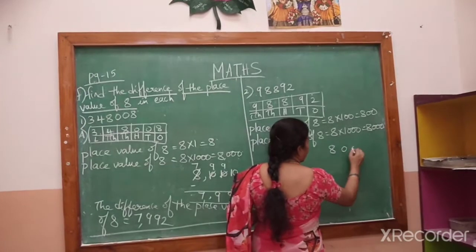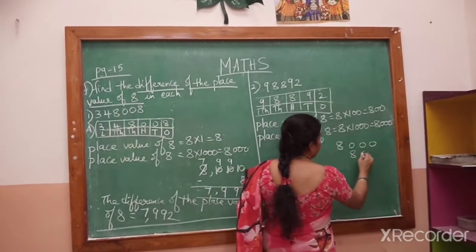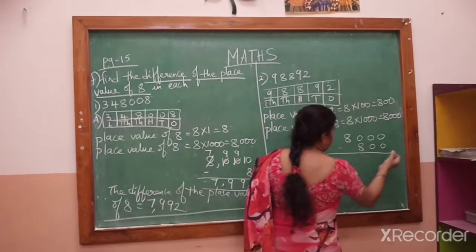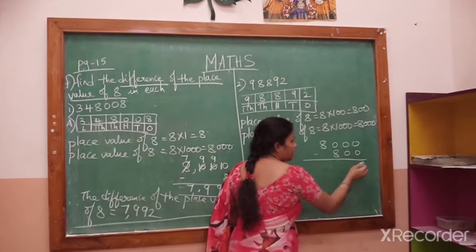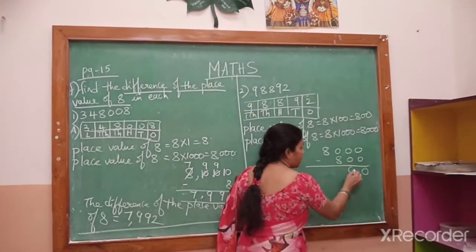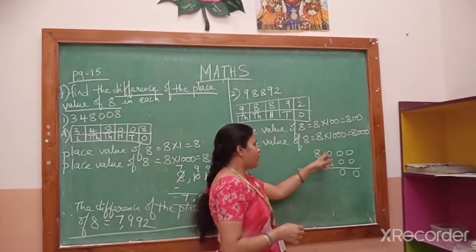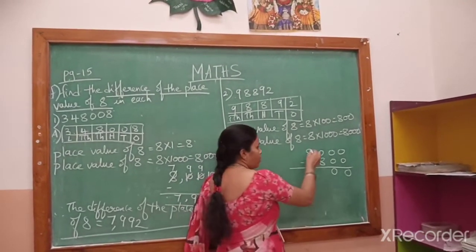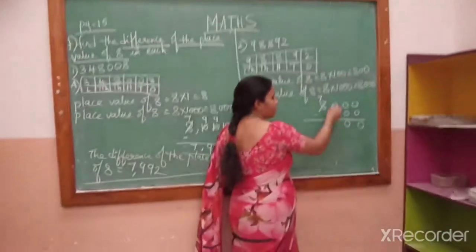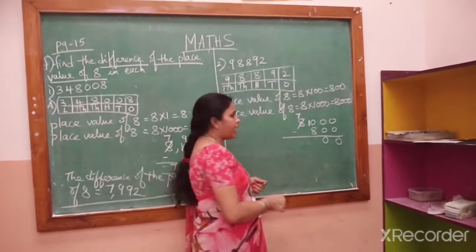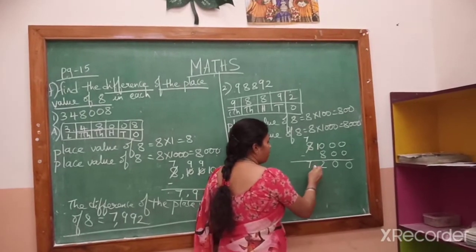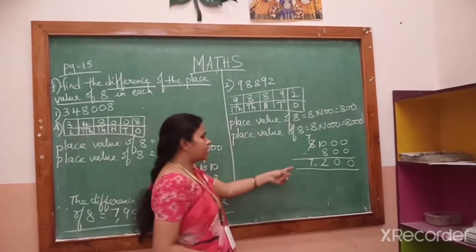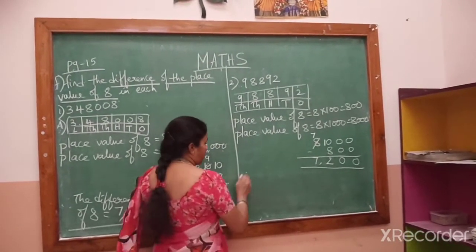First write 8000, then write 800. Now subtract both of them. 0 minus 0 is 0. 0 minus 0, 0. From 0 we can subtract 8? No. So this becomes 7 and this becomes 10. 10 minus 8 is 2. Now bring down 7. So it is 7200.